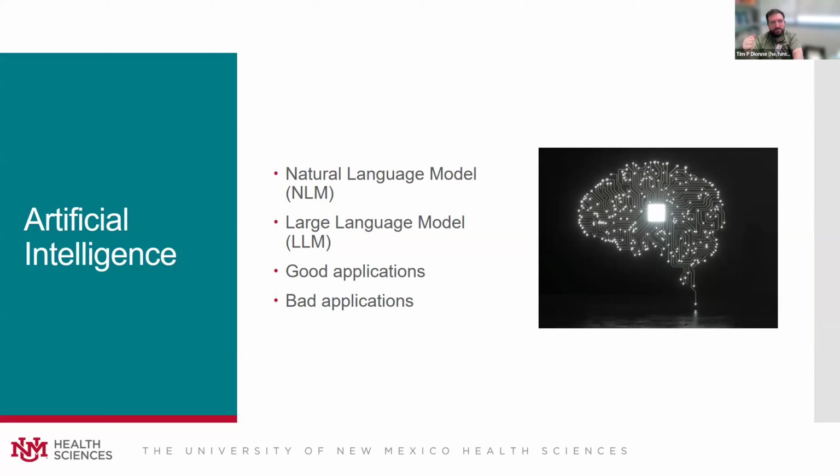Or how can we promote the use of technology to make our life a little bit easier or something along those lines. Some of the bad applications are, I think, mostly in the context of people who are maybe novices to the content that they're using the models for. So things like college students using it to write papers, high school students using it to write papers.